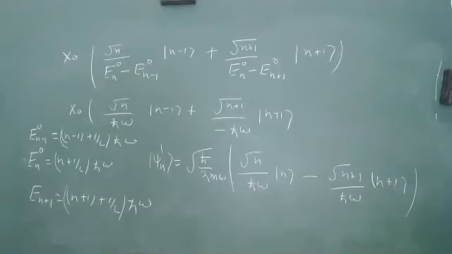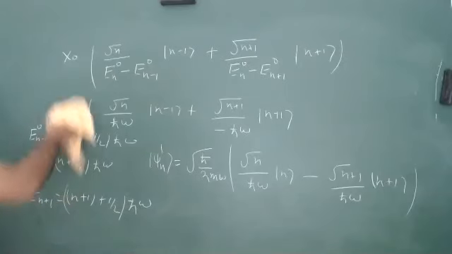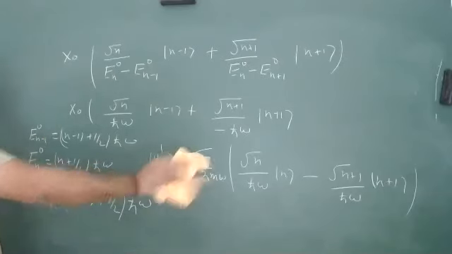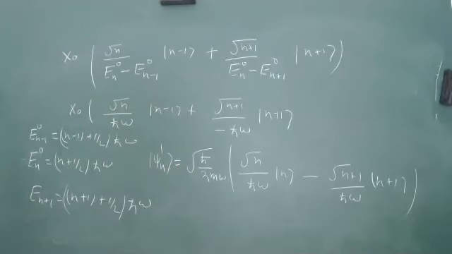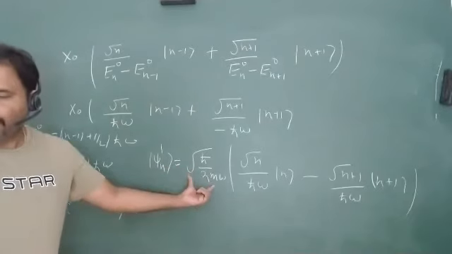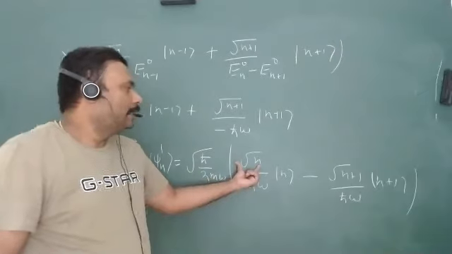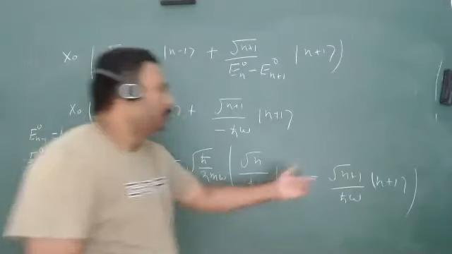Are you getting this thing? So what will happen to En2? Can anybody give me the answer? If you can write this one, you can easily write this one. This term will be squared, this term will be squared, and this term will be squared, and everything will remain the same.